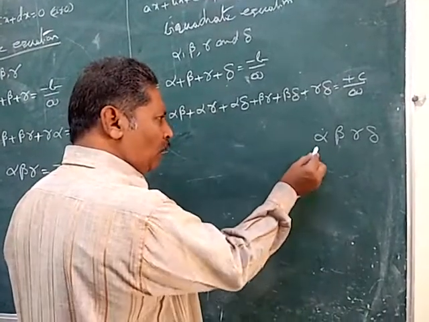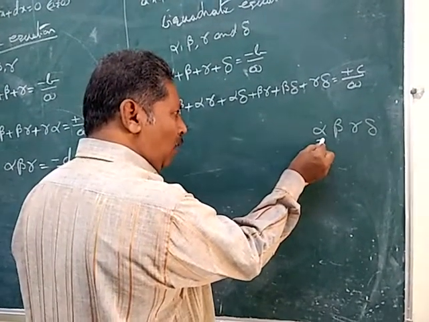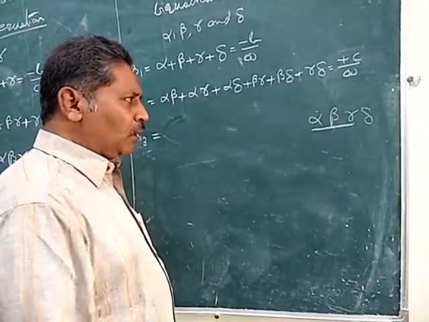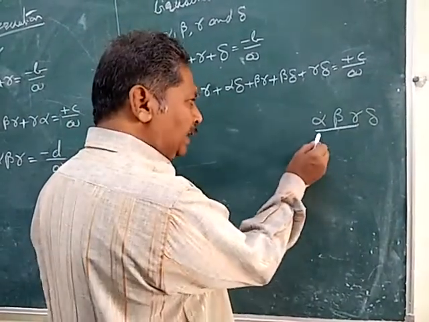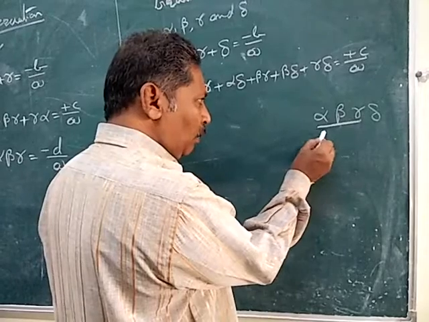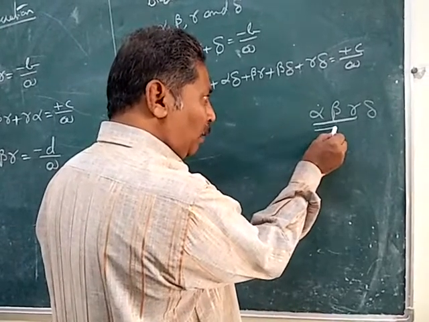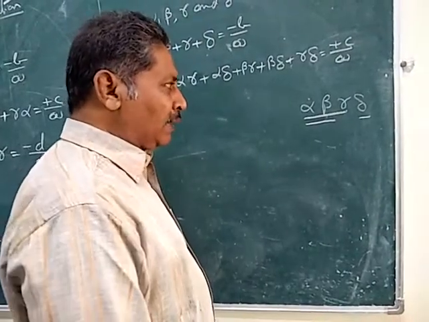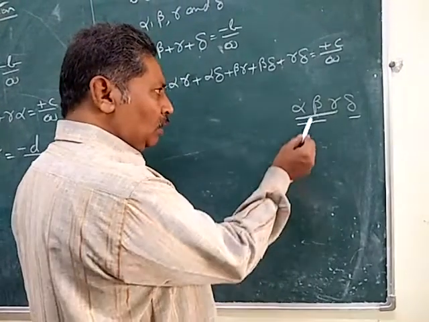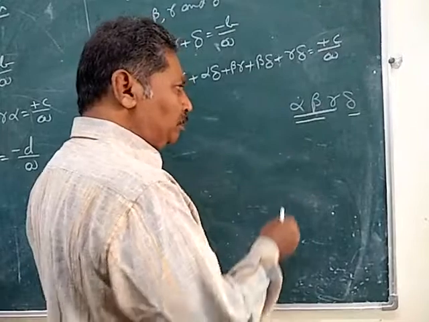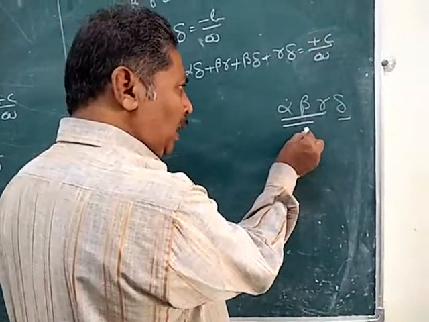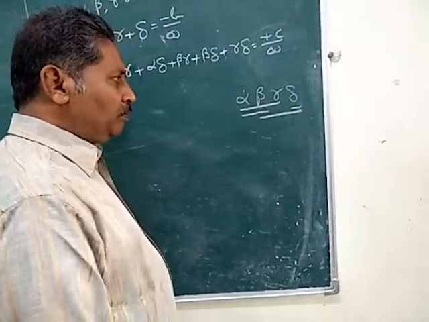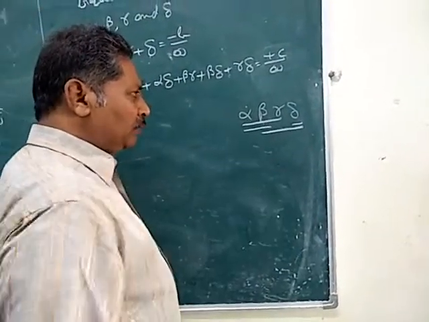Start with alpha: alpha, beta, gamma is the first set; alpha, beta, delta is the second set. Start with beta: beta, gamma, delta is the third set.